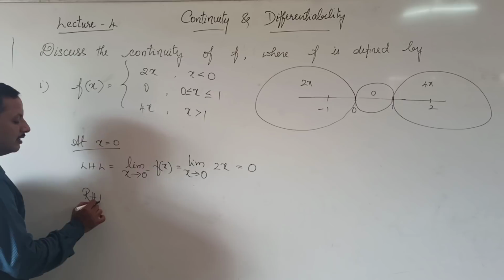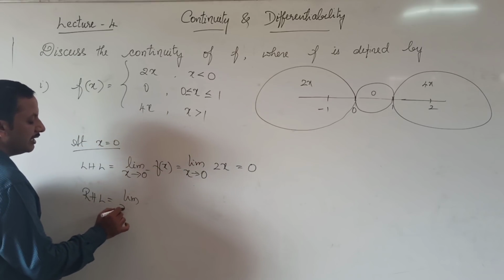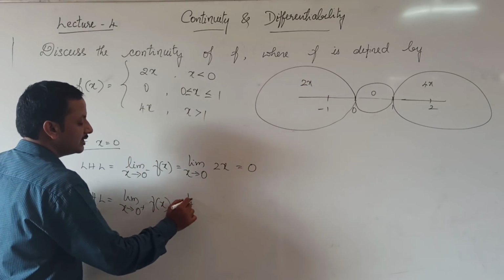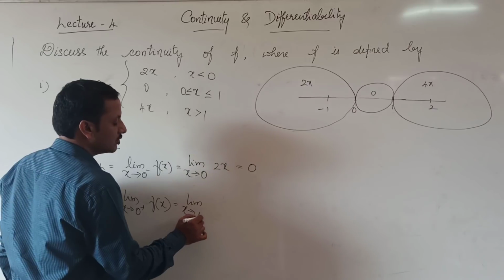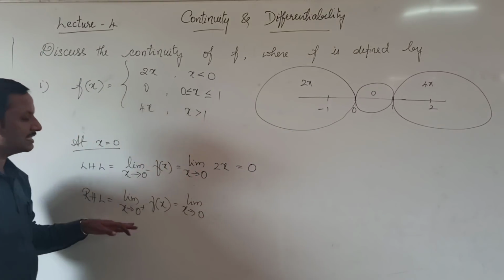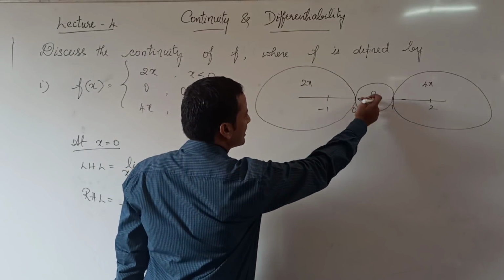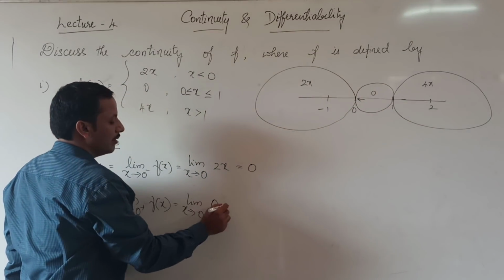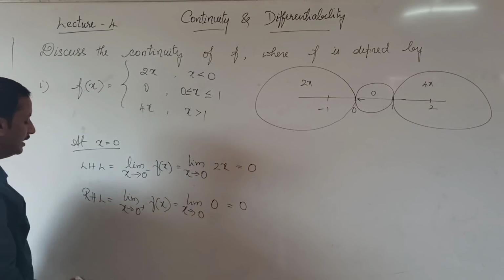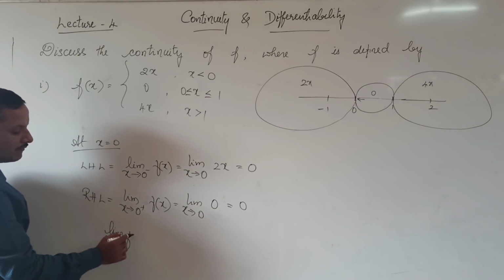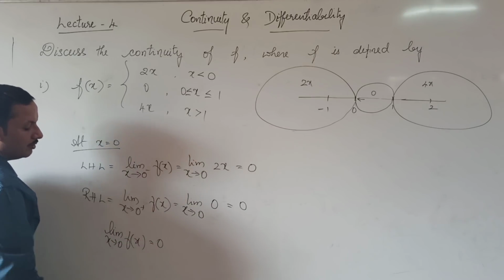Then right hand limit, that's equal to limit x tends to 0 plus f of x. X is approaching 0 from right side, f of x is defined as 0. Apply the limit, we get 0. Then, so we can write limit x tends to 0 f of x is equal to 0.